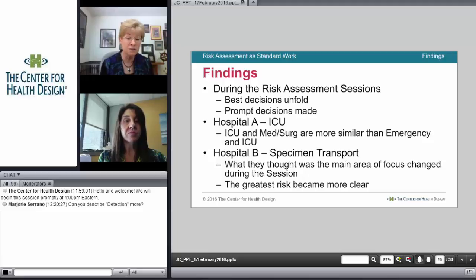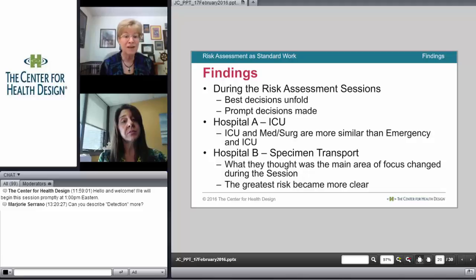With the second one, for the specimen transport, what was interesting is when you do the flow and you start realizing, wait a minute, what I thought was the highest risk really isn't. So here they were so concerned with the pathway, the containers to transport, when the number one risk was the alert system.